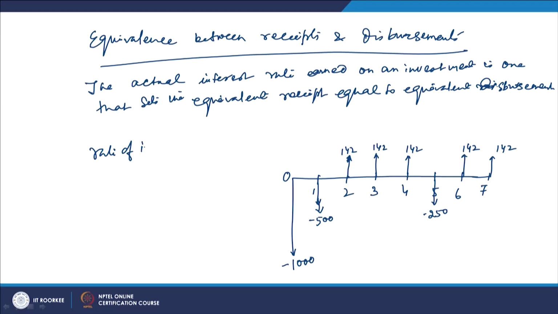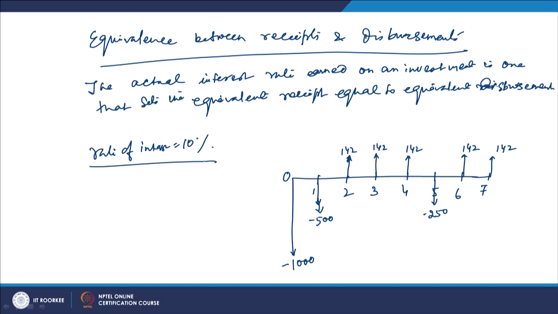To see whether you have the actual rate of interest earned, whether this cash flow diagram is the actual representation of what is happening, that can be checked by setting the equivalent values of the receipts and disbursements equal. In this case your rate of interest is shown to be 10%.